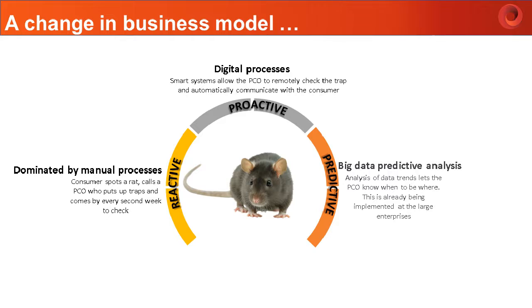Now some of the large enterprise companies are actually already working on this big data analysis, but the majority of the industry is still on the reactive business model. So in order for pest control companies to change the business model and the services offered, they will need to look, I believe, at incorporating digital platforms and IoT-based devices.